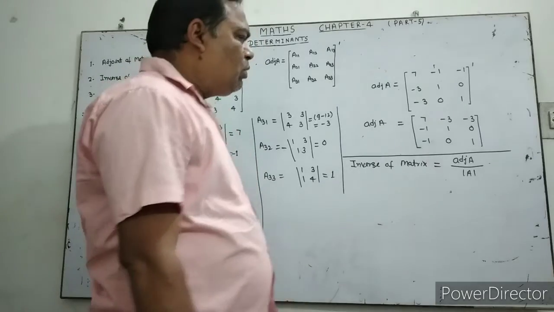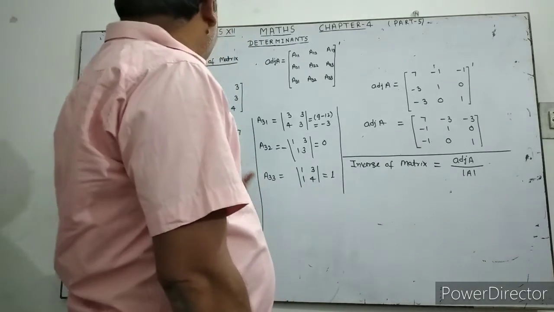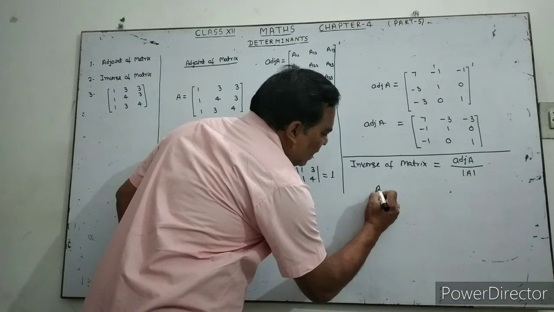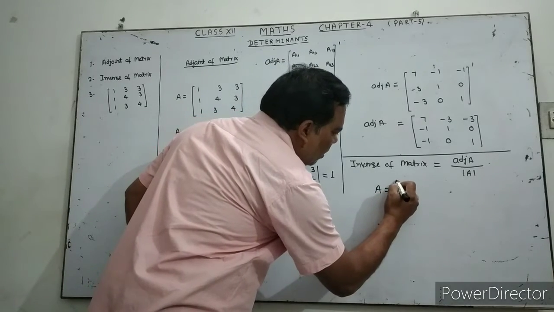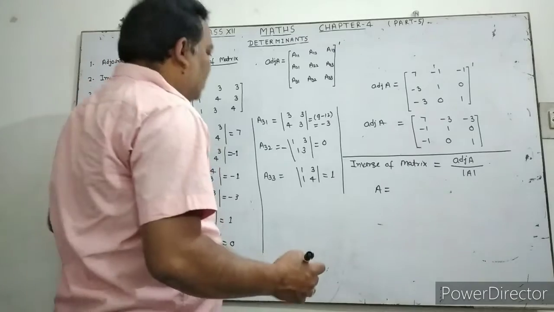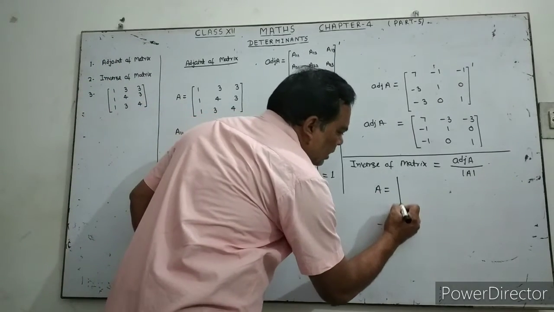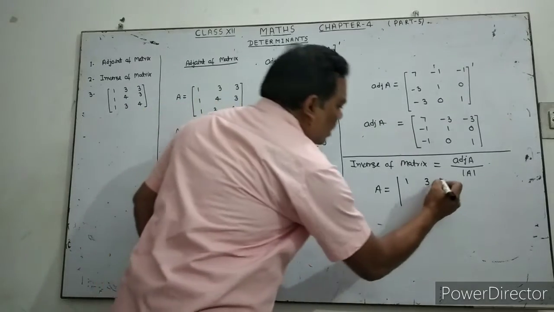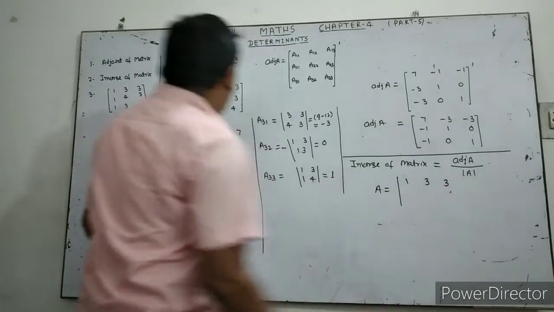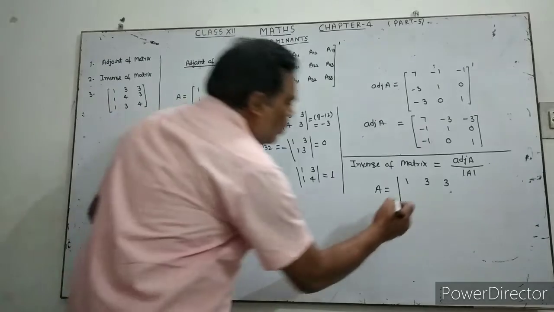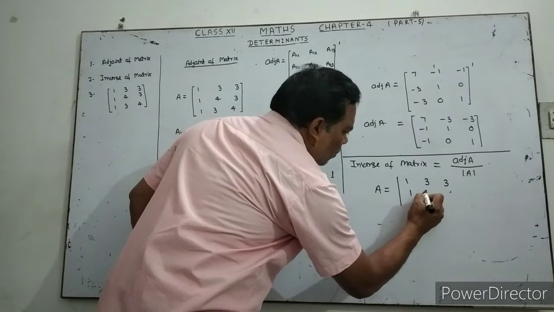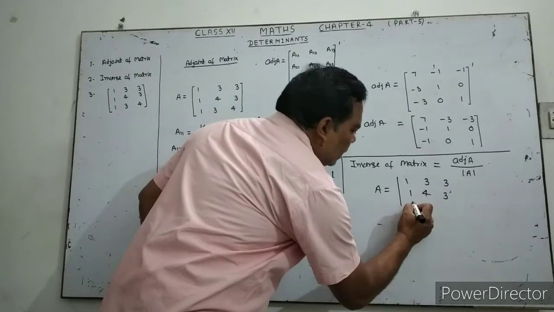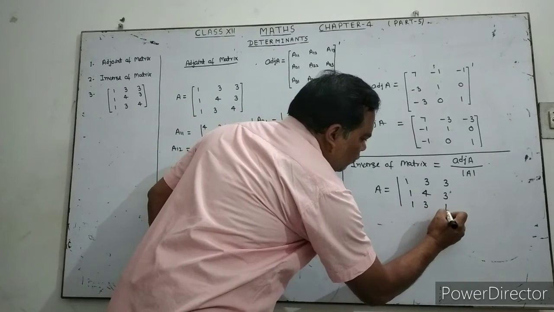Now we calculate the value of determinant A. Determinant A, this is the value of A: 1 3 3, 1 4 3, 1 3 4.